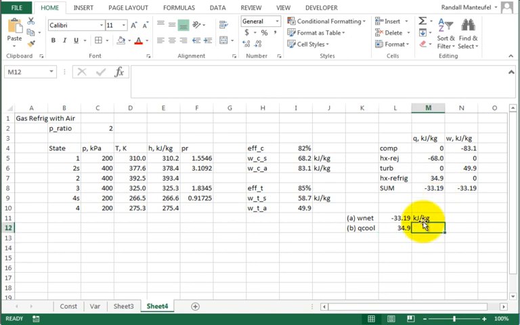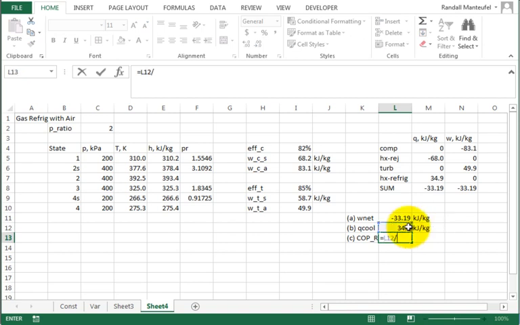And the same units, kilojoules per kilogram. And for part C, we were interested in the COP for the refrigeration cycle. That's the ratio. How much cooling did I get per how much work did I put in? Now, I want to probably put an absolute value on that just so I avoid a negative COP. And so the COP comes in at 1.05.